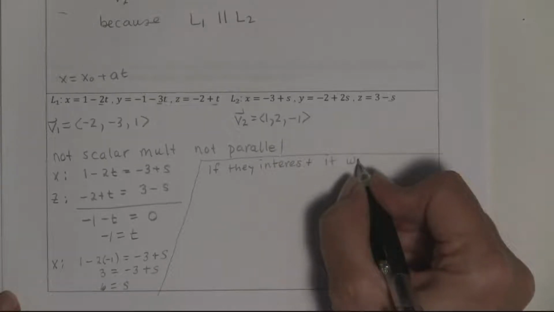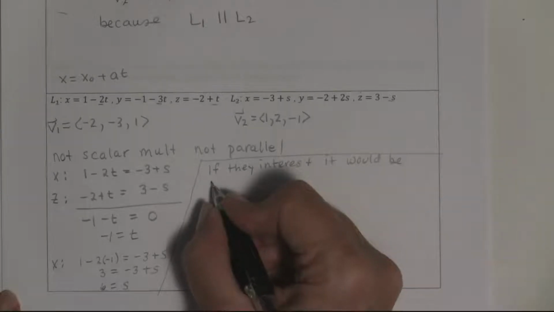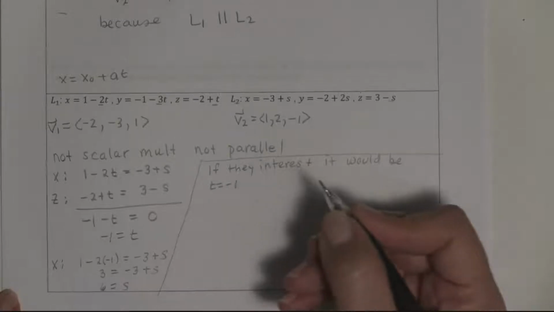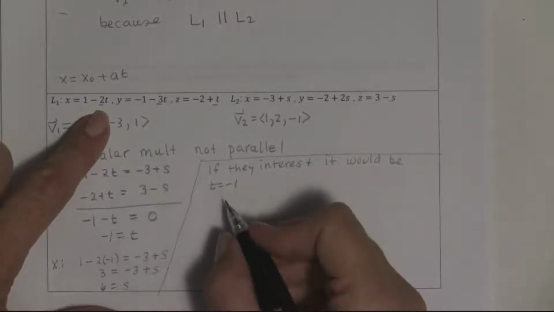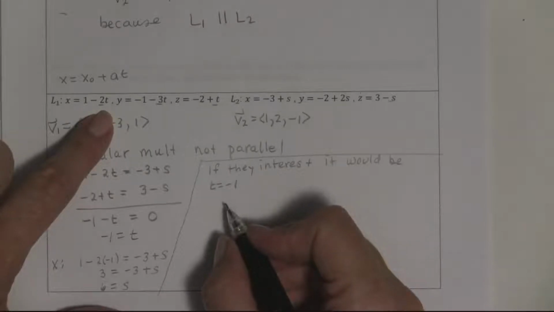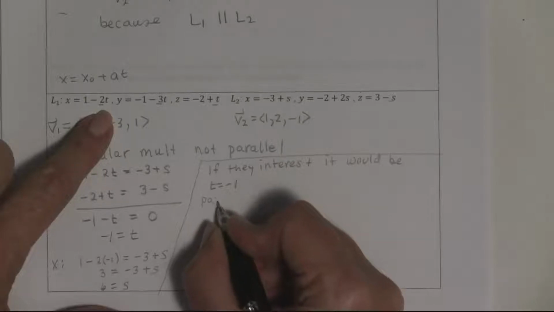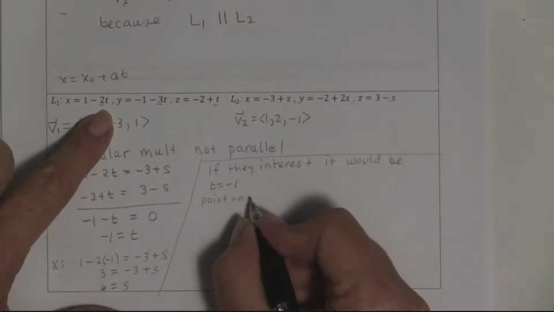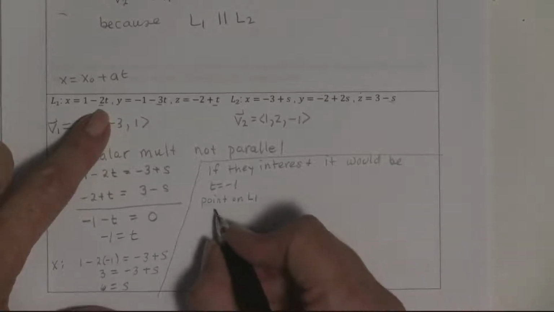it would be when t is equal to -1. Now, when t is equal to -1, we get a point. So this is a point on line 1, and it should be the point of intersection if they're intersecting one another.